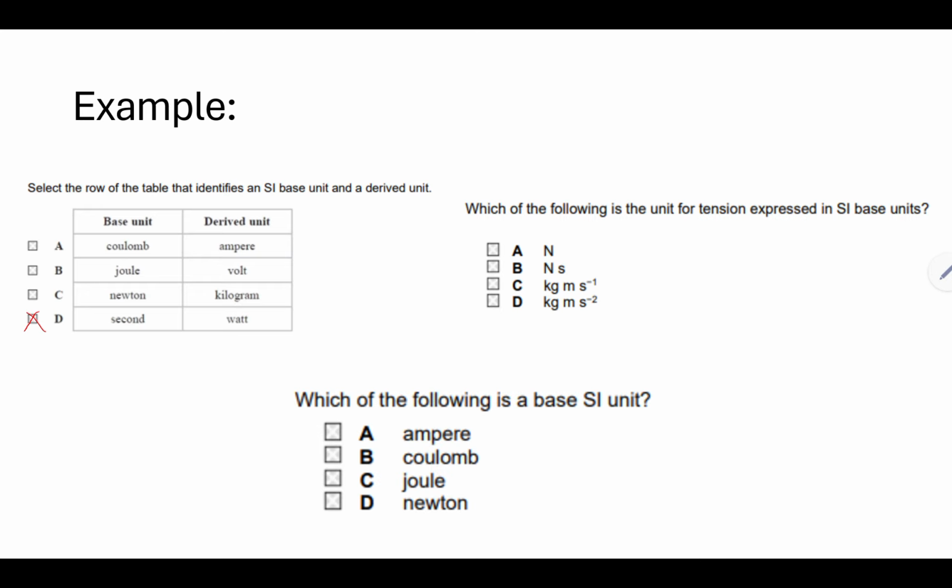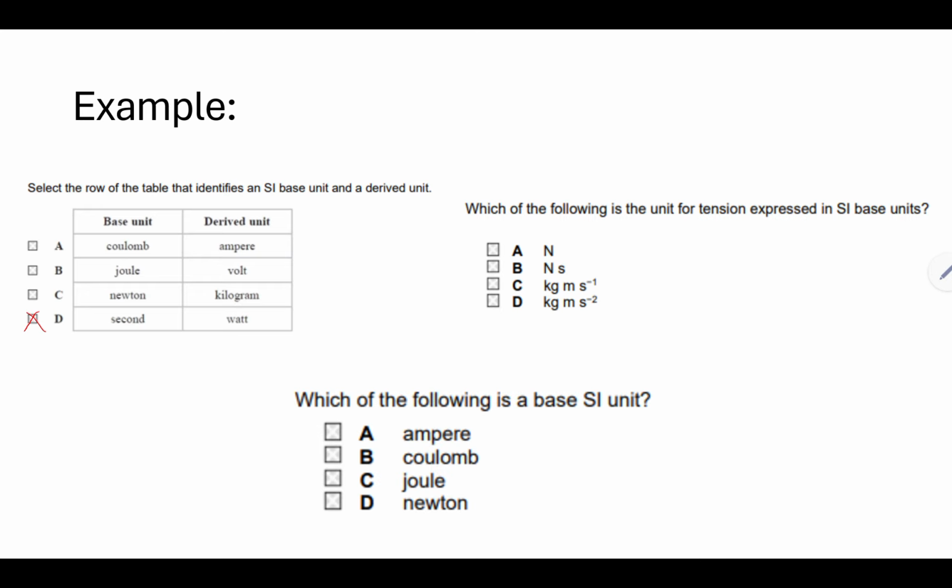So that is correct, but the first part, which is saying that joule is a base unit, is wrong. So B is still wrong. And a kilogram, which we saw previously, is an SI base unit, so we know that C is fully wrong as well. And a watt is a derived unit, so we know that D is correct.